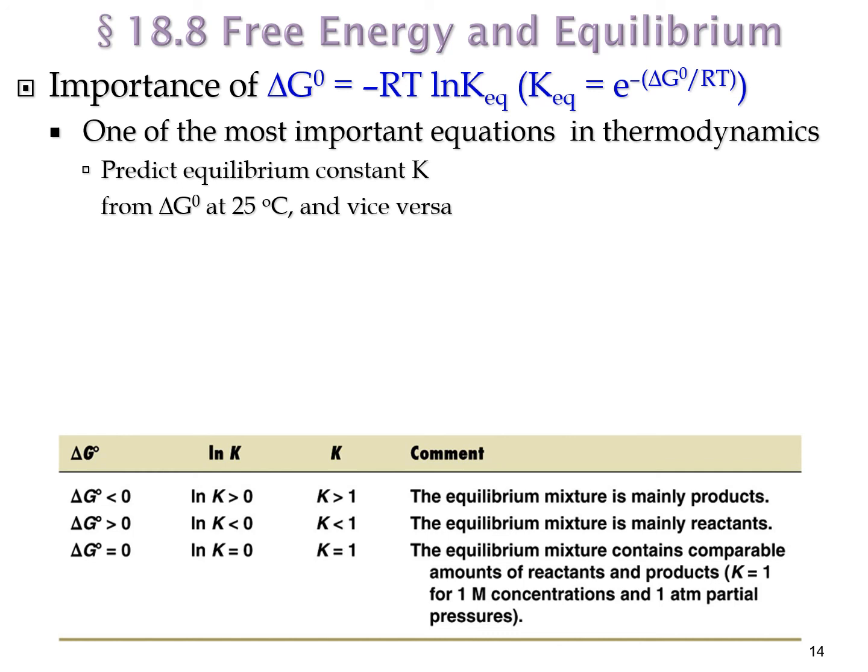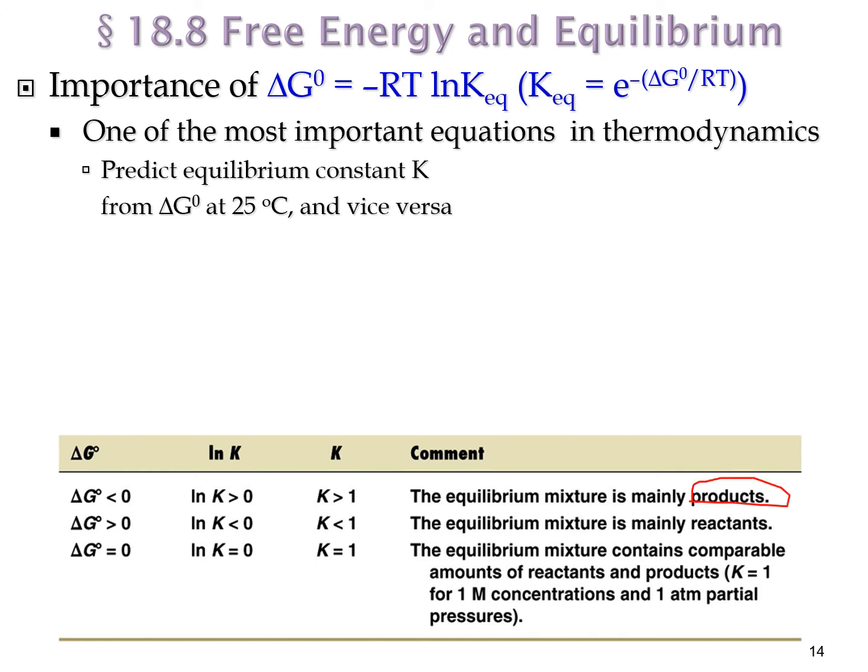If delta G0 is less than 0, that means log of K must be greater than 0. So K must have a value greater than 1, in such an equilibrium. Such a reaction is going forward because delta G0 is less than 0. So the reaction is spontaneous, and the equilibrium mixture is mainly product.